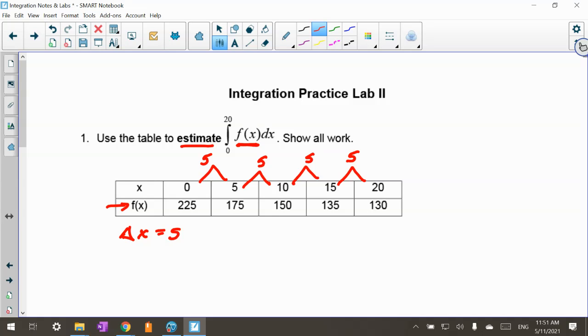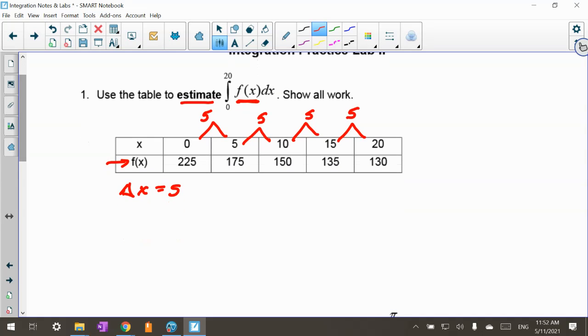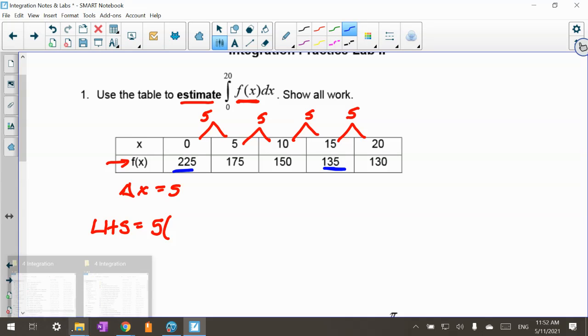So if I'm doing rectangles, I just want you to think how this works. When I do my left-hand sum, I'm going to take the width of the rectangles, which is my delta x, and then I'm going to start on the left-hand side, and that would be how high it is. I'm going to stop one short because I've got 1, 2, 3, 4 rectangles, so I'll have 4 values.